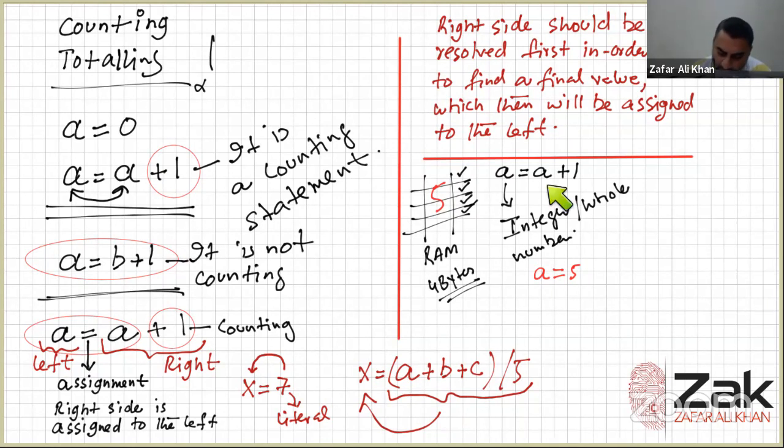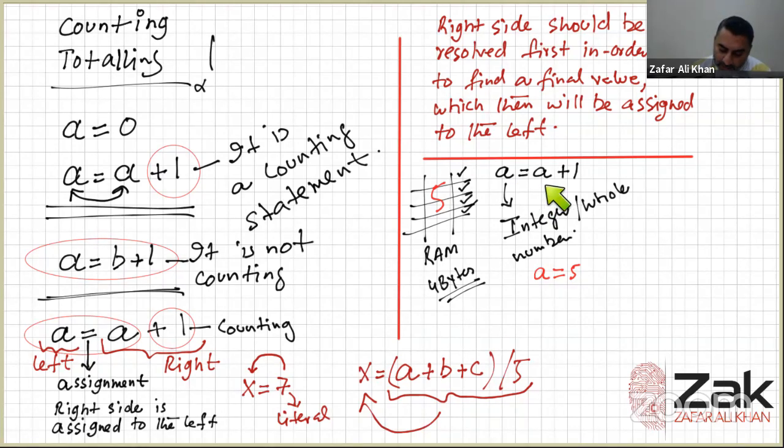When we write A is equal to A plus 1, it means that whatever the value of A, add 1 to it and place it back to the same location which is represented by A. Again, A is being used on the left of the equal to sign and the right of the equal to sign. On the right of the equal to sign, A is a part of the equation. So as I said, the right side will be resolved first, so that whatever answer we find will be assigned back to the left side.